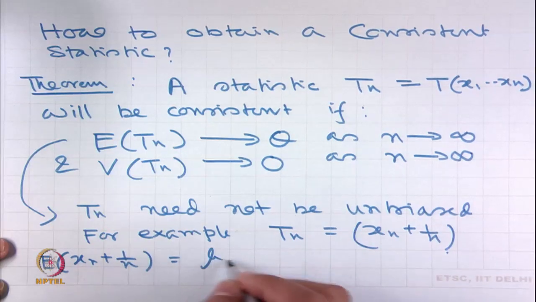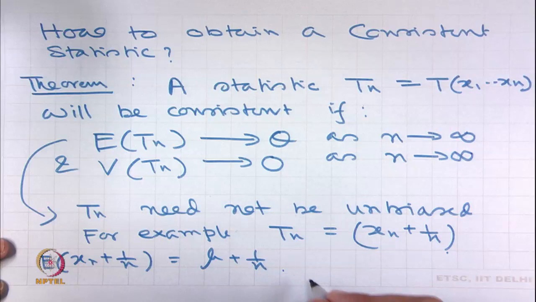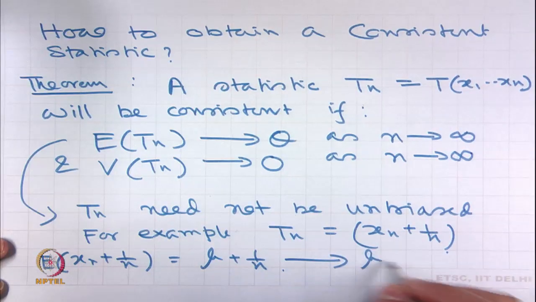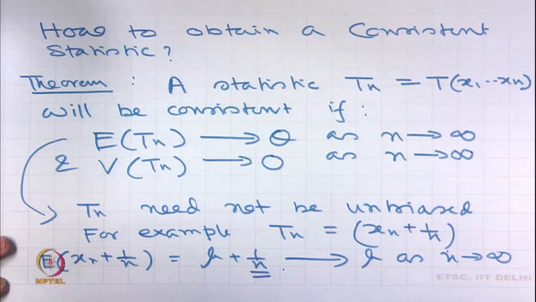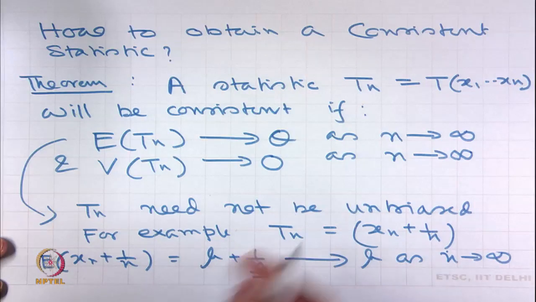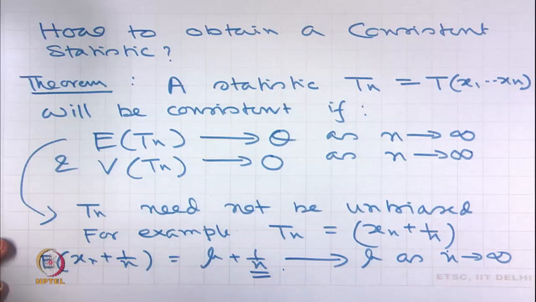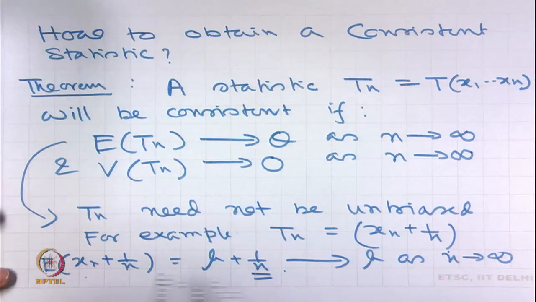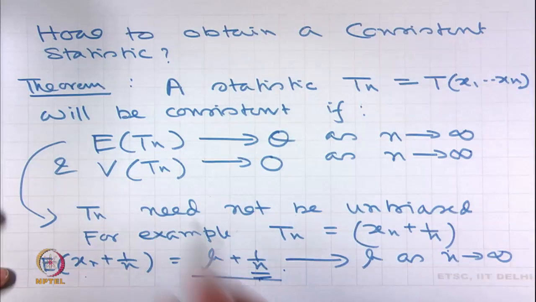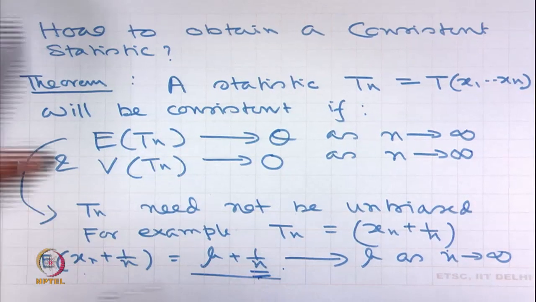This is mu plus 1 by n, and this goes to mu as n goes to infinity, because this is the bias, the quantity by which it differs from the intended parameter mu. Therefore, x bar plus 1 by n is not an unbiased estimator for mu for any n, but as n goes to infinity, its expected value converges to mu.